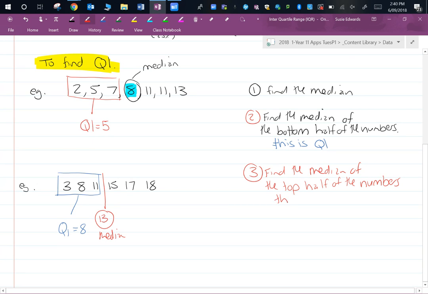This is Q3. Perfect. So for this one, got 11, 11 and 13, so therefore Q3 is 11. And for this one, you got 15, 17, 18, so this one Q3 is 17.